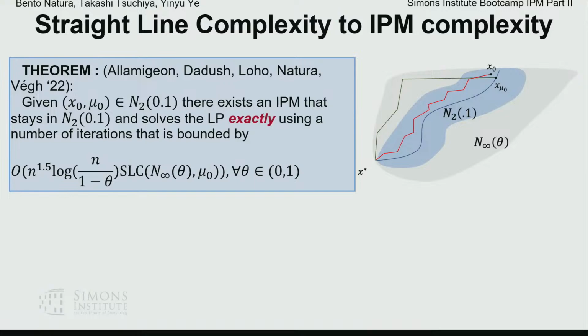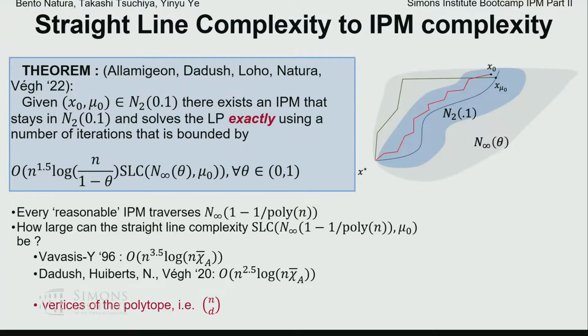Because if you have an arbitrarily large neighborhood, the line segment count becomes smaller. If it is arbitrarily large, you can always have a single line from the initial point to the optimal solution. So that's something people can think about.